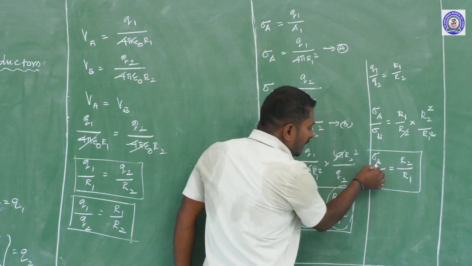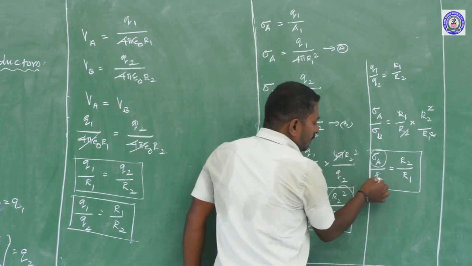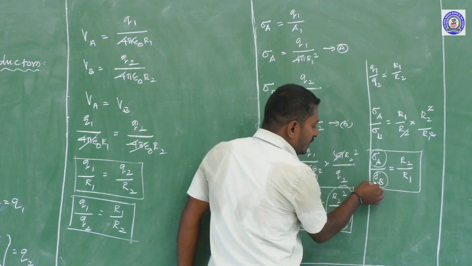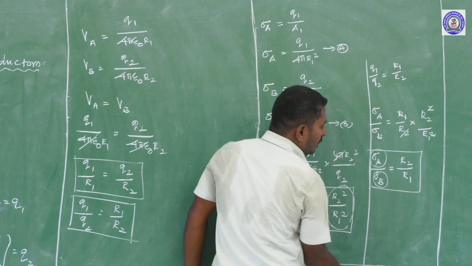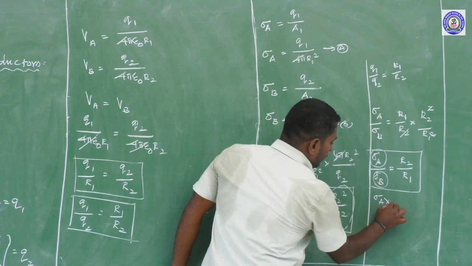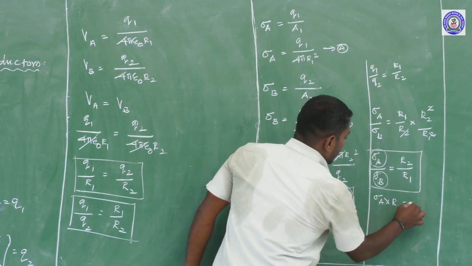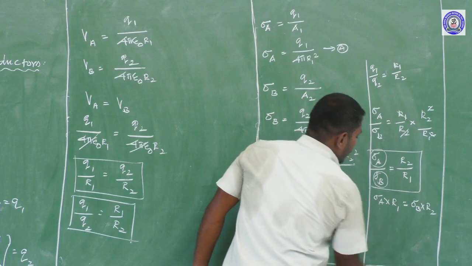So here the surface charge density of sphere A divided by the surface charge density of sphere B is equal to R2 divided by R1. From this equation, sigma A into R1 is equal to sigma B into R2.